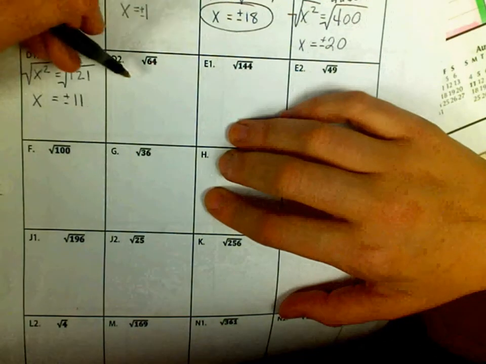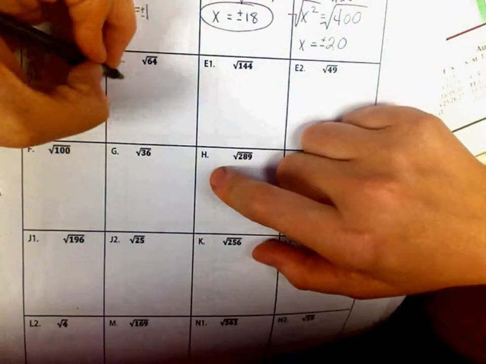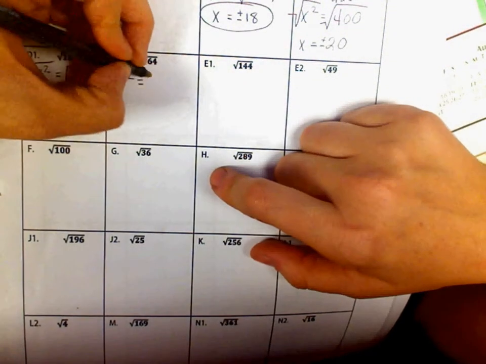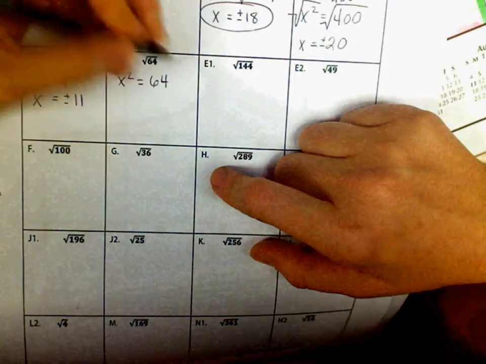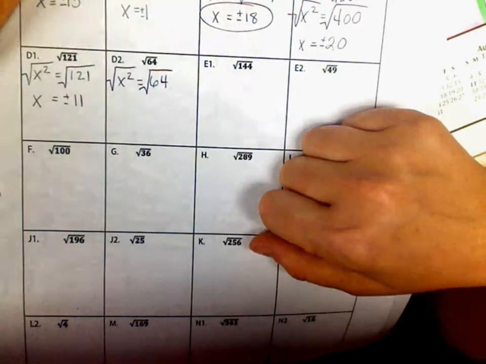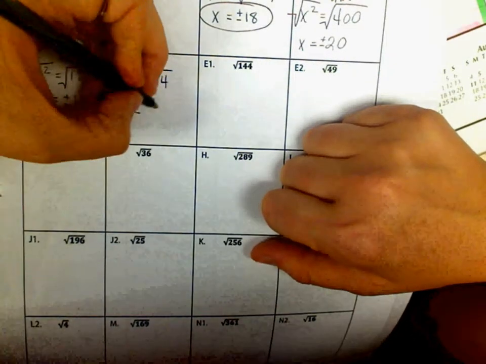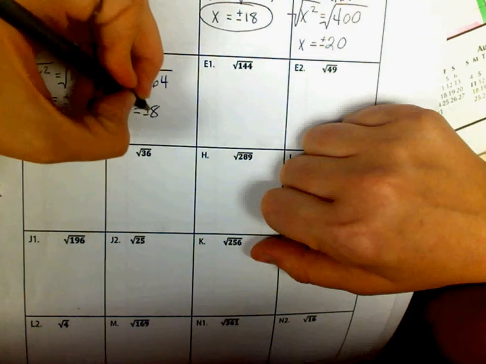Okay. The square root of 64. So a number squared equals 64. Now we're going to do the opposite and find the square root of 64. Square root of x squared is x, and the square root of 64 is 8. Positive or negative.